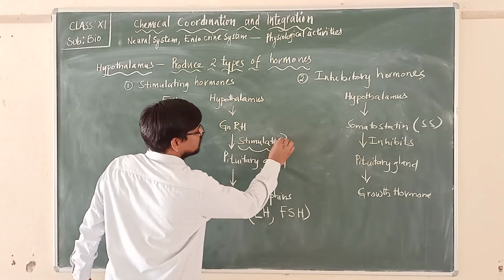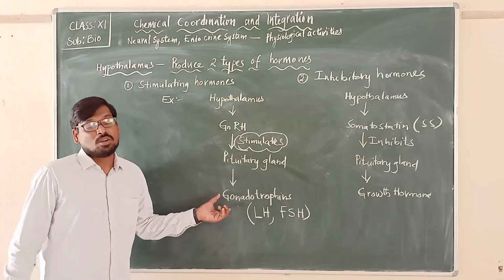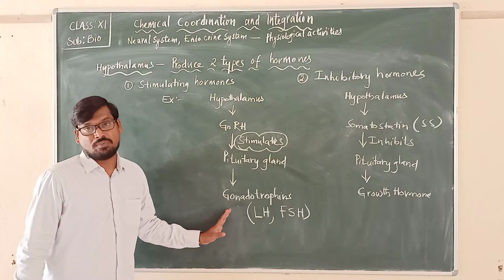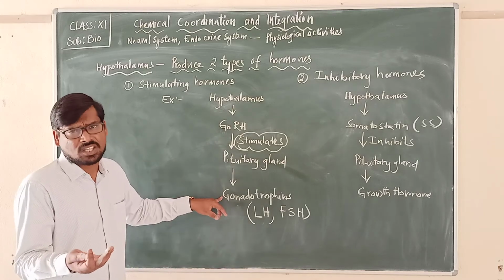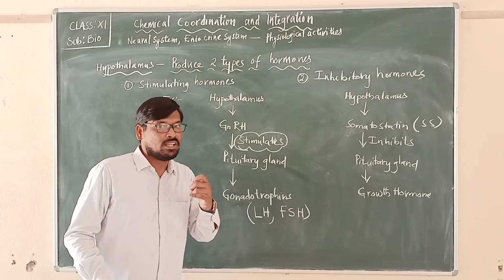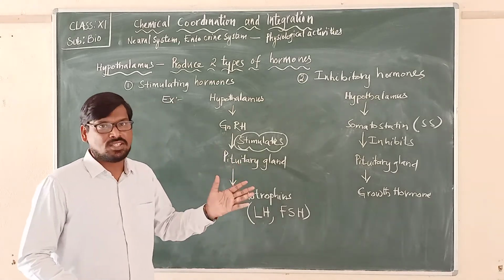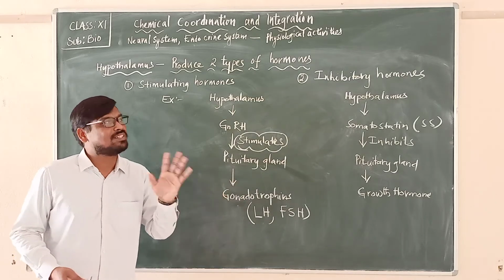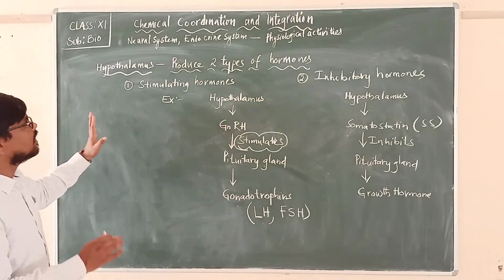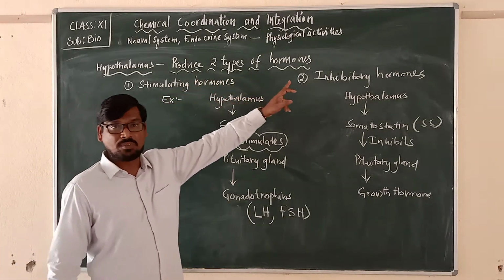It stimulates the pituitary gland to produce the gonadotropins. Those gonadotropins are the hormones that will be released, stimulating organs like the gonads, the testes and ovaries in males and females respectively. So it is very clear now that the hypothalamus will be producing two types of hormones.